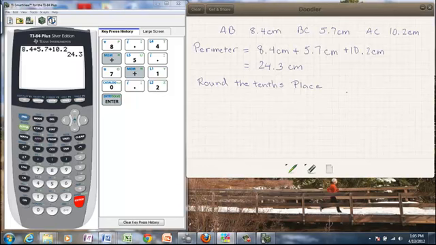And you should remember from the prep assignment that you did that that is the rounding rule for perimeter. For perimeter, we round to the tenths place or to the least precise decimal, with the least precise measurement.